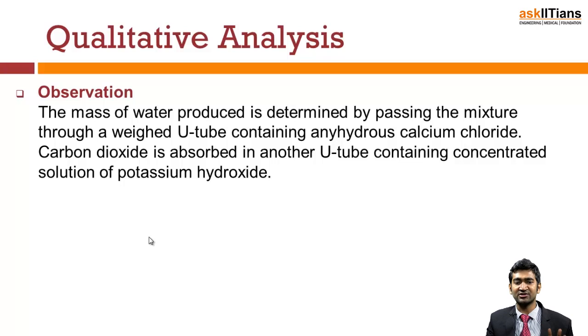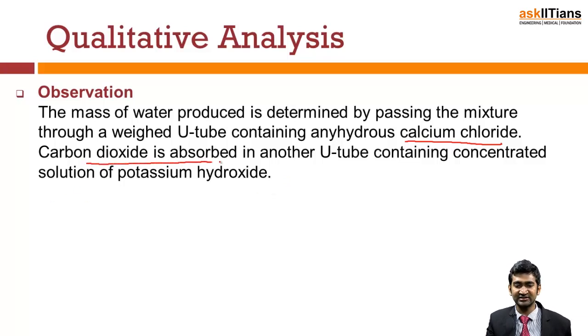What you will observe is that the mass of the water which is formed is determined by passing the mixture through a weighed U tube which contains calcium chloride, CaCl2. With respect to that, I can tell how much H2O is getting produced.